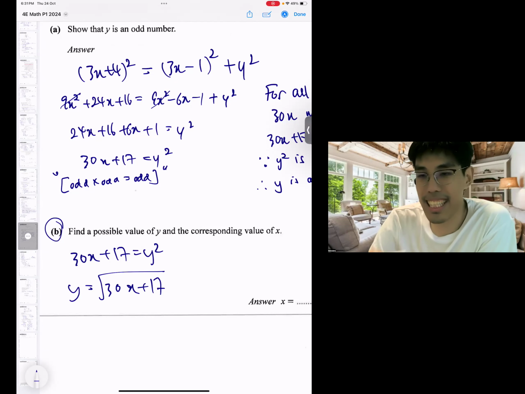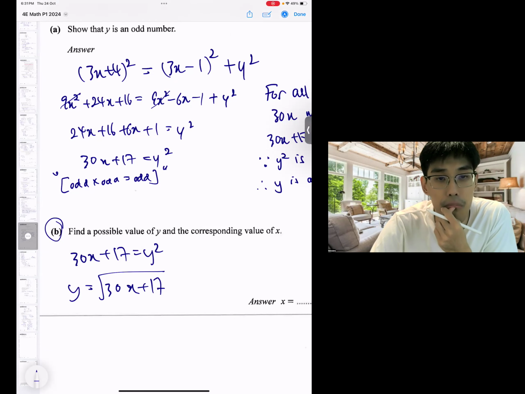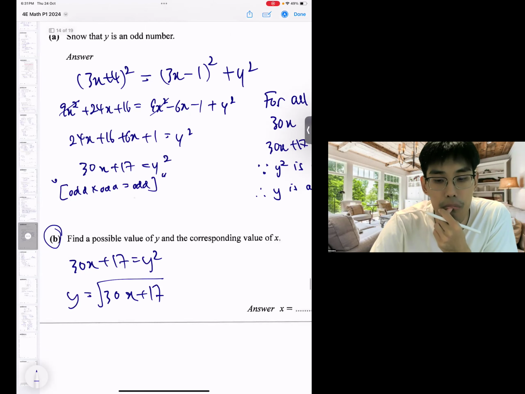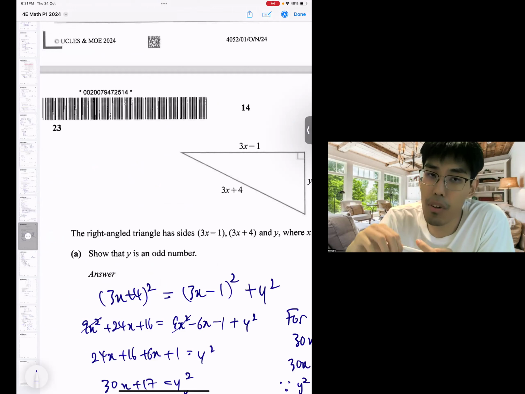You can't be doing guessing lah. There must be a way to solve. And the difference is 5. 9, 40, 41.